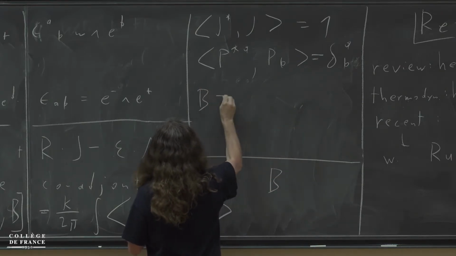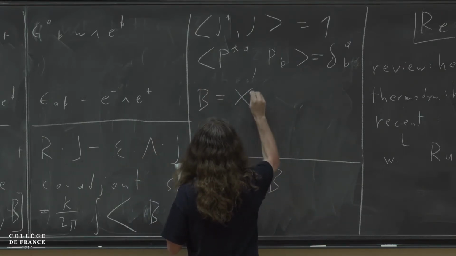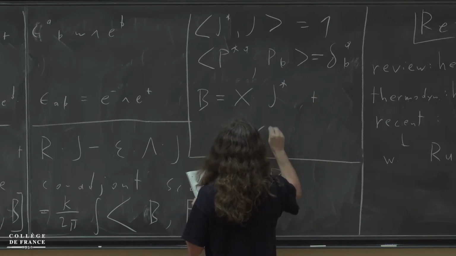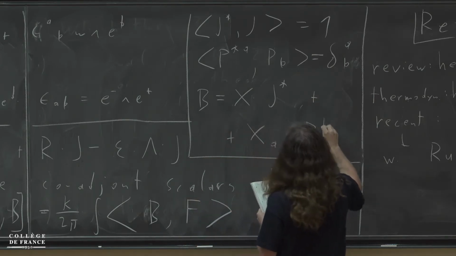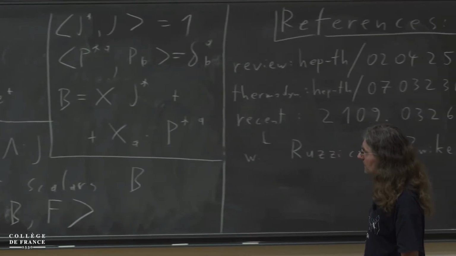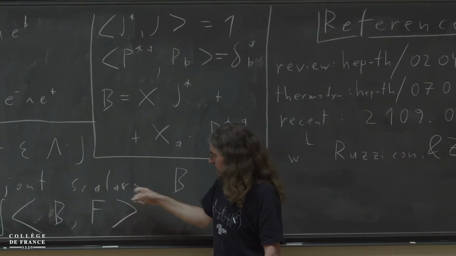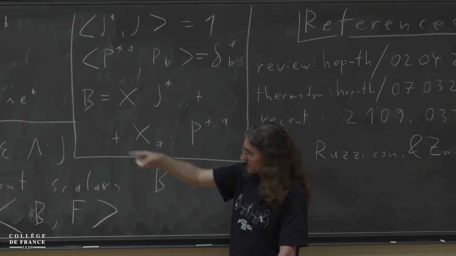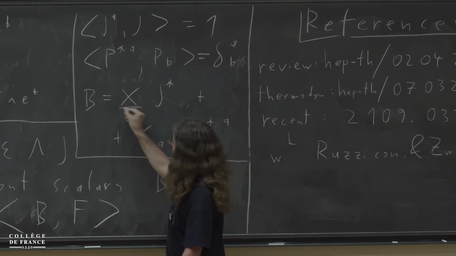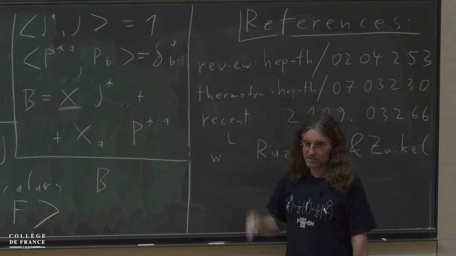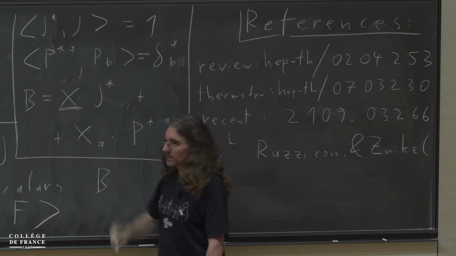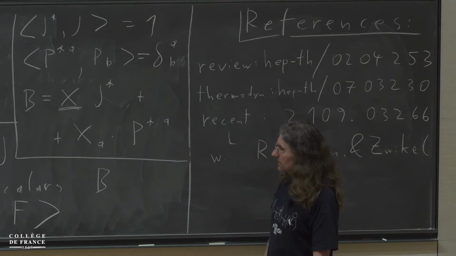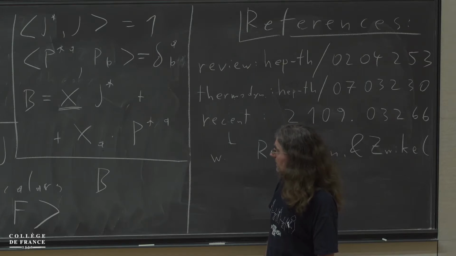And these coadjoint scalars are then some scalar field X times J star plus a pair of scalar fields XA times P star A. So that's why I use the plural here, scalars. We don't just have one scalar field, we have an SL2R worth of scalar fields. So we have a scalar field X, which is not chosen incidentally. This will turn out to be our Dilaton field. And then we have additional auxiliary scalar fields XA, whose meaning I'll explain in a minute.